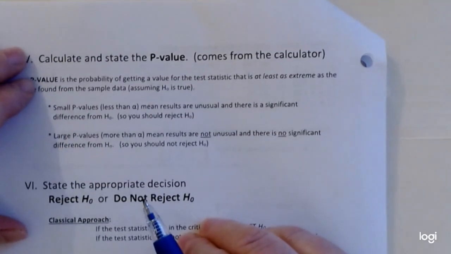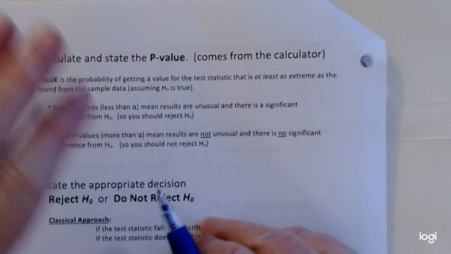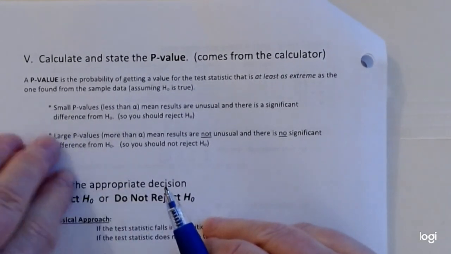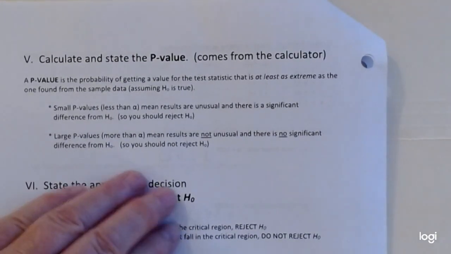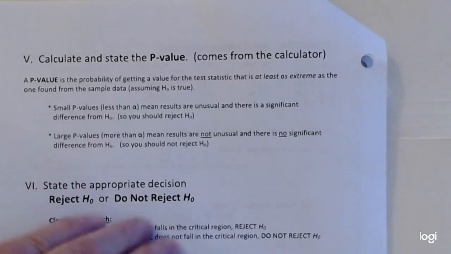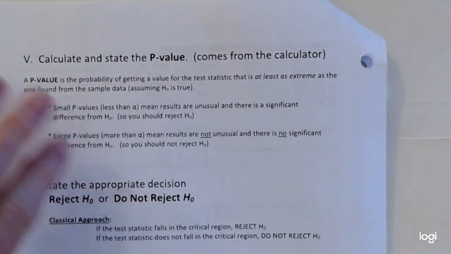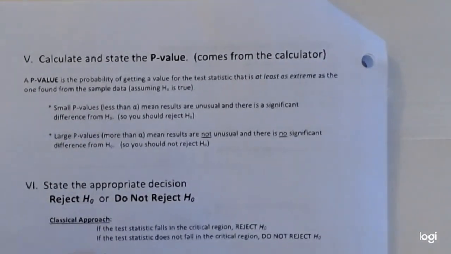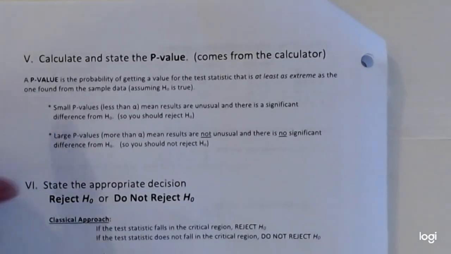If H0, the null hypothesis, is true, what is the probability that you would get this value from your sample? And if it's very small, we reject the null hypothesis and say, okay, it must not be equal to that value because it's extremely unlikely or unusual, as we've said before, that we would get this value if this other value is really true.